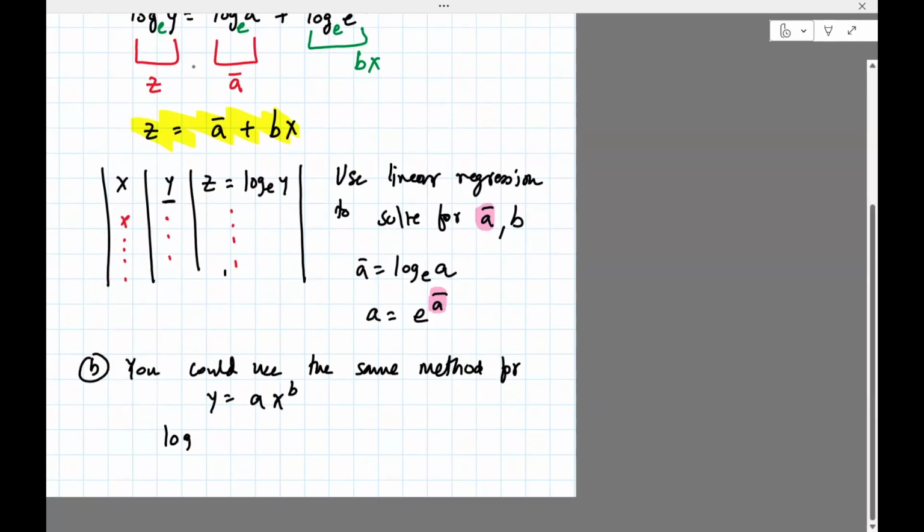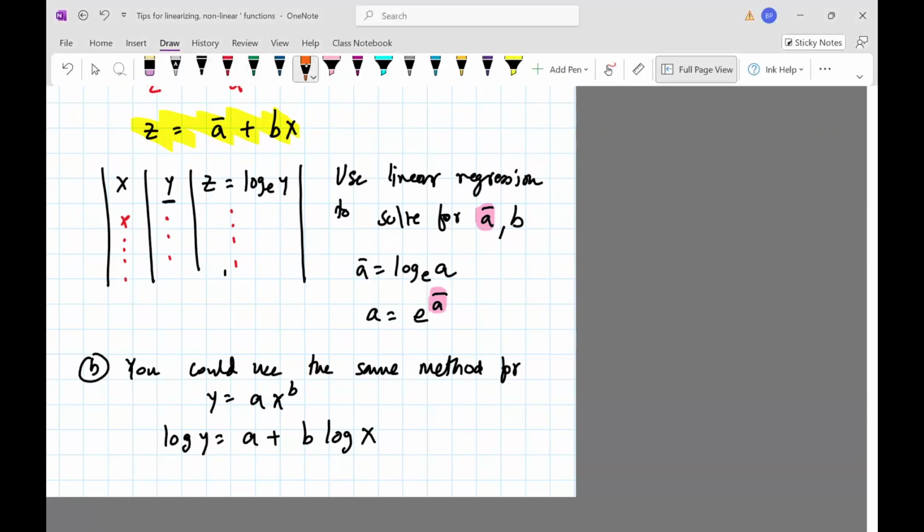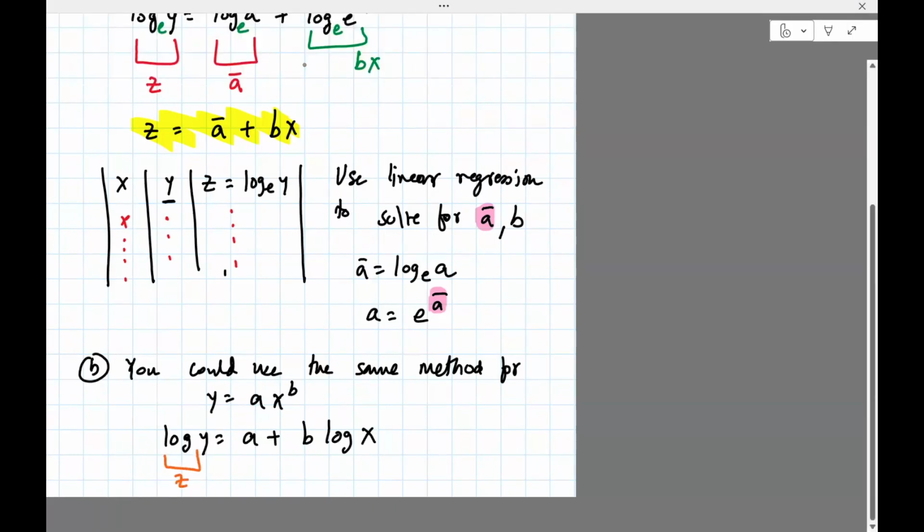So for example, log y equals a plus b log x. Okay, so then what you'll do is you'll call this z. You'll call this, let's call it x bar. And then you have z equals a plus b x bar.